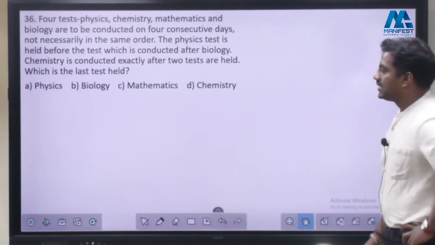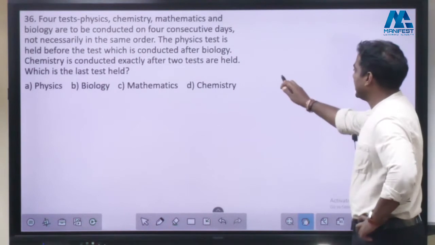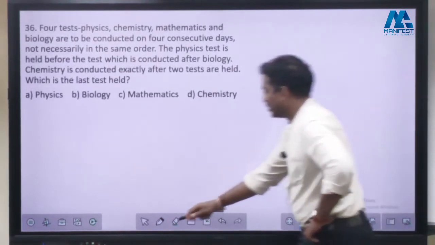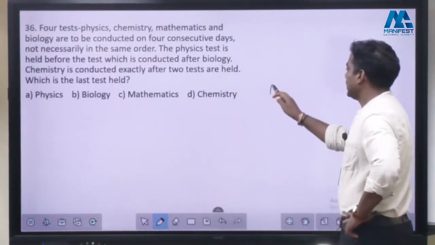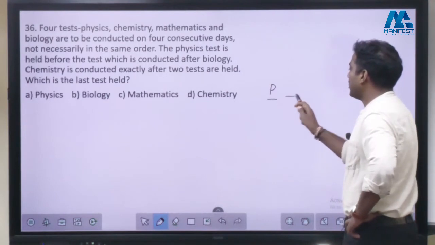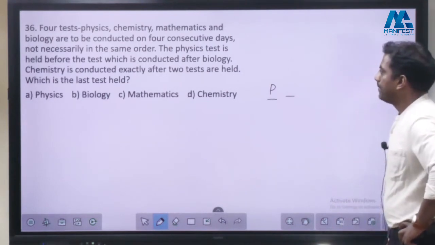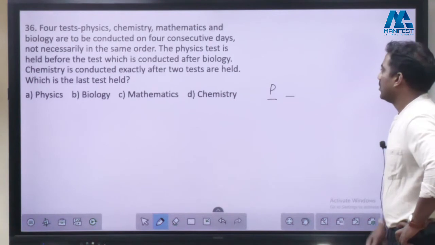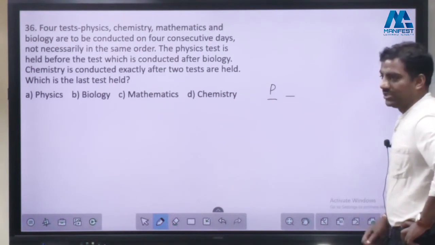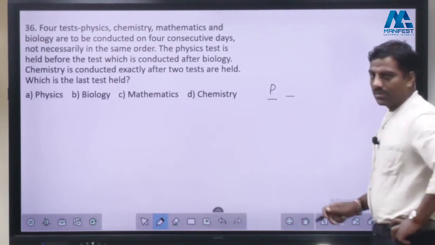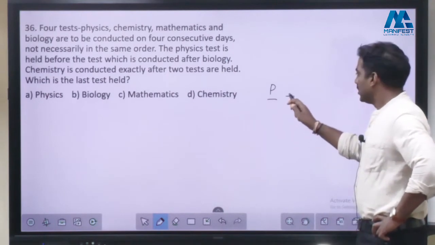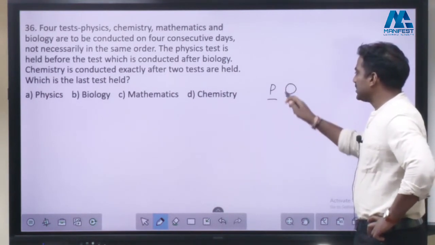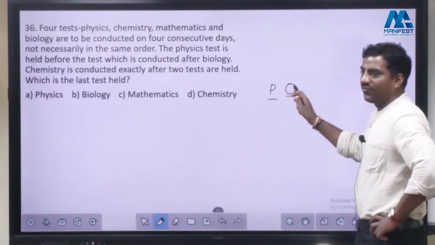So physics test is held before another subject which is conducted after biology. This is conducted before this, but this test is conducted after biology.